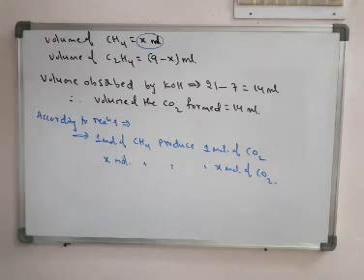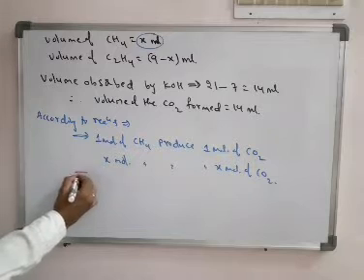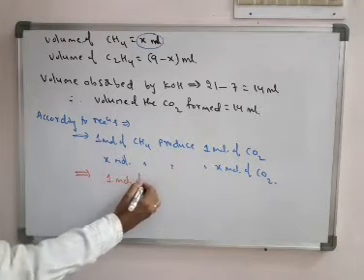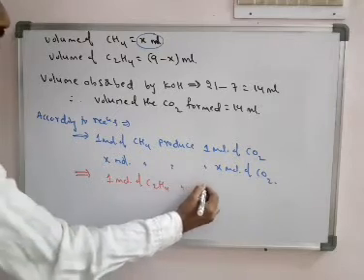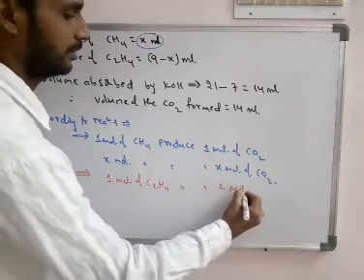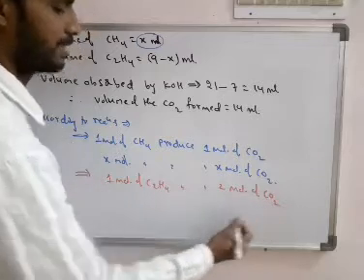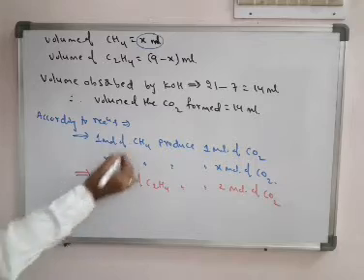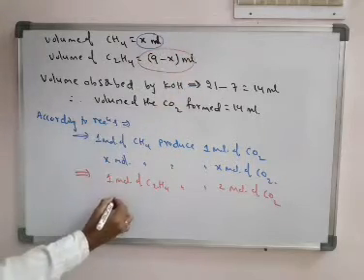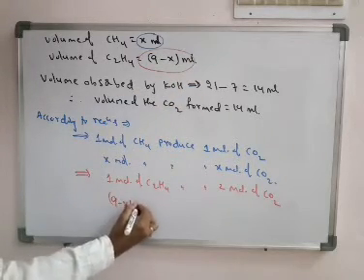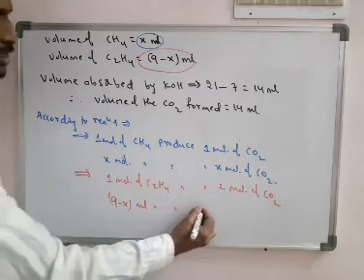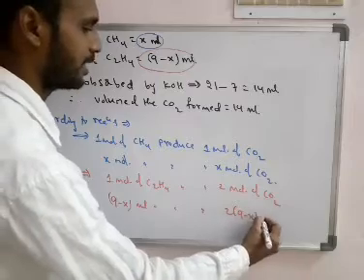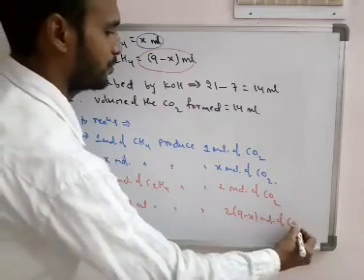Next, again we have to see the reaction. 1 mole of C2H4 produces 2 moles of carbon dioxide. Here there are 9 minus X moles of C2H4, which can produce 2 into 9 minus X moles of CO2.